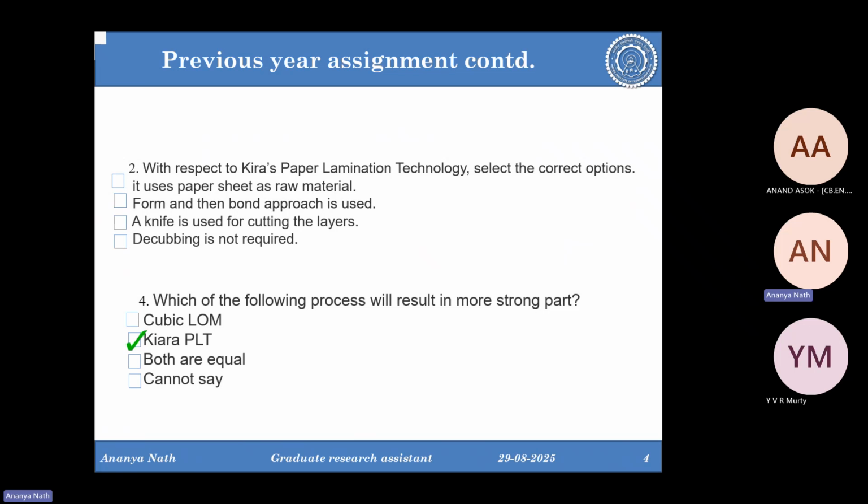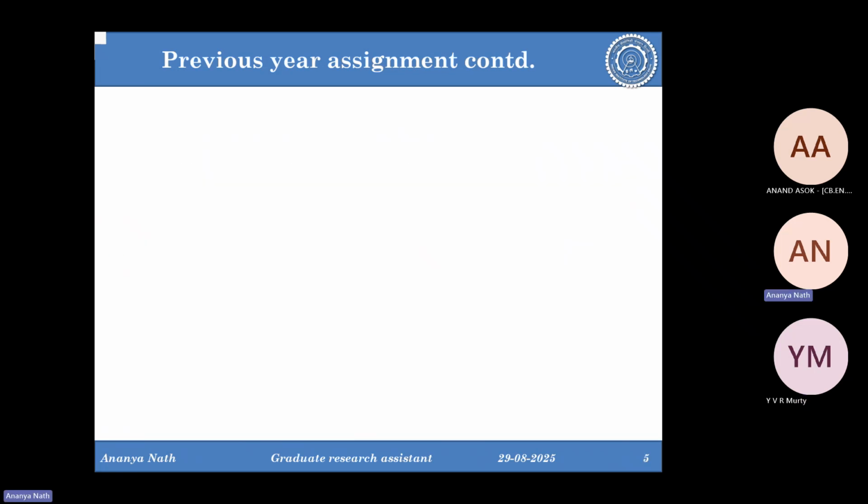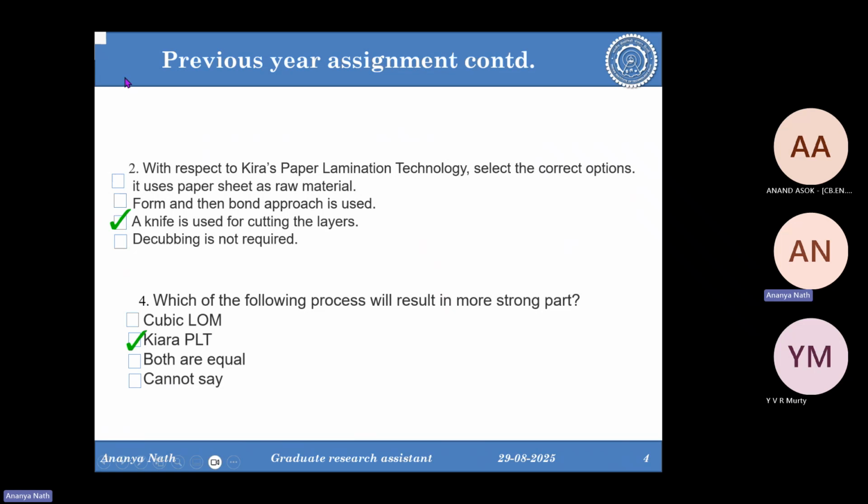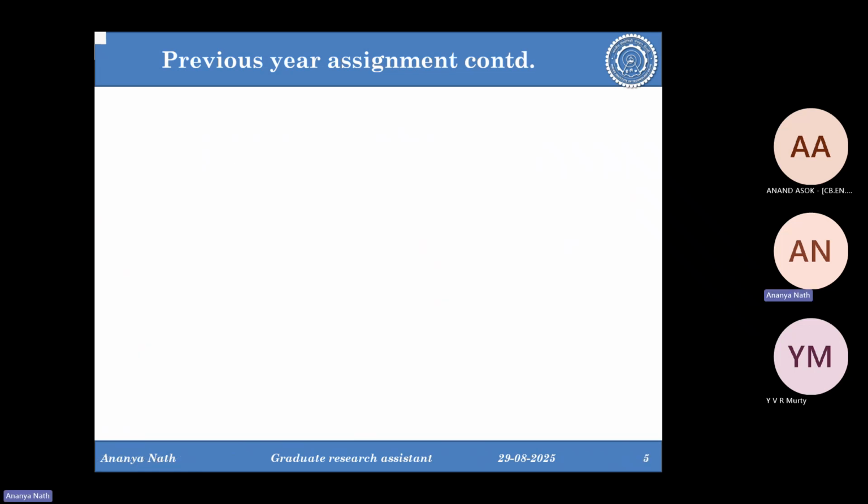With respect to Kira's technology, select the correct option. Again, it's the same. Both the options are correct. It uses paper sheet as raw material and a knife is used for cutting the layers. Both are true.